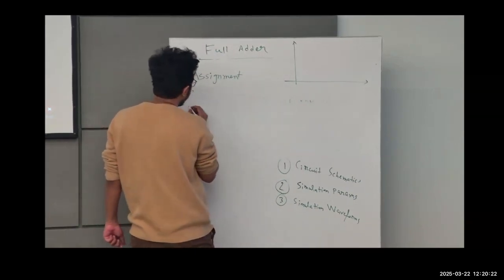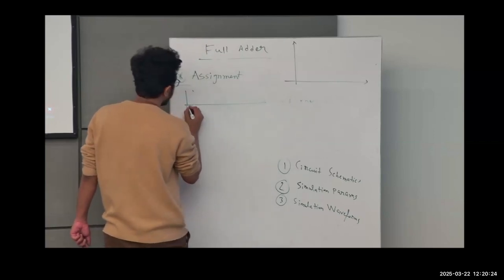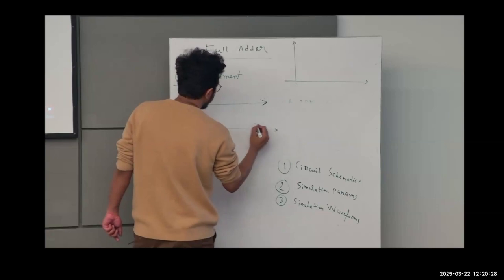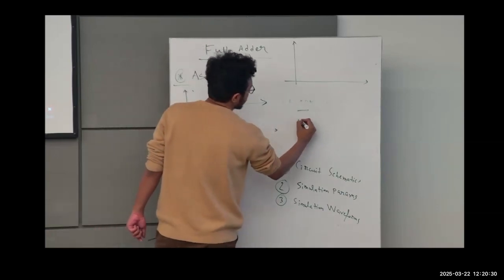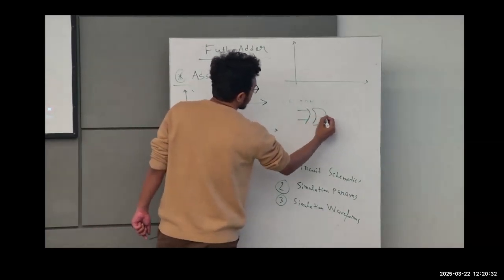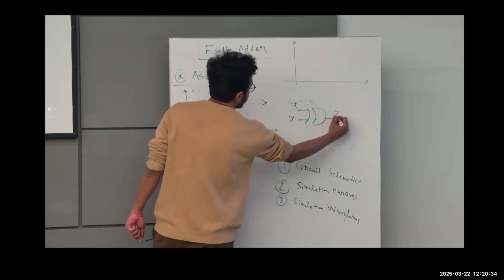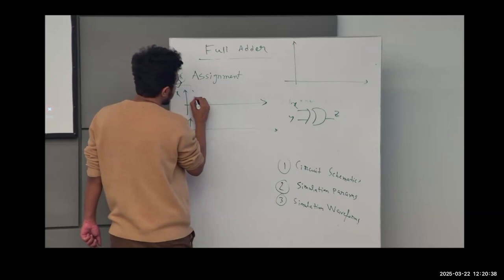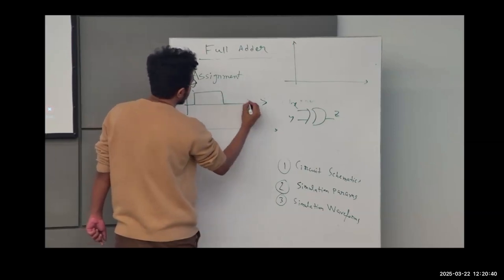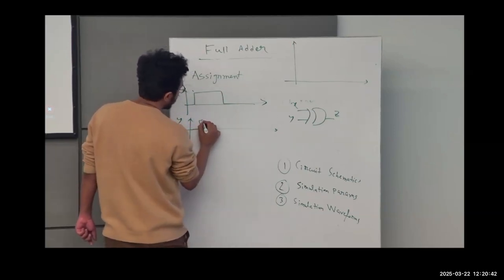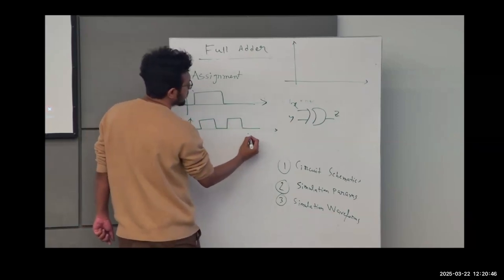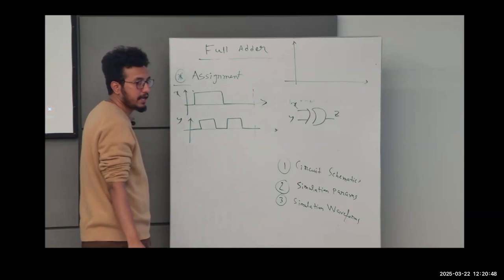So in your waveform, you should give 2 pulses. Let's say you have an XOR gate with X and Y inputs and Z output. For X and Y, let's say you give 2 pulses. One is like this, and for Y, you give a pulse with half the period. I'm just giving you an idea.